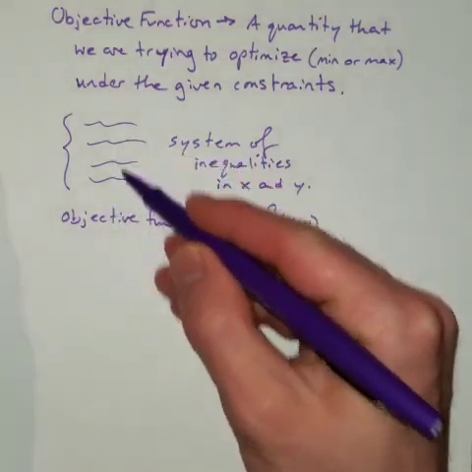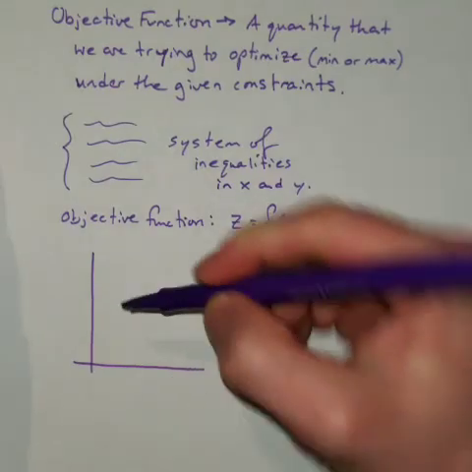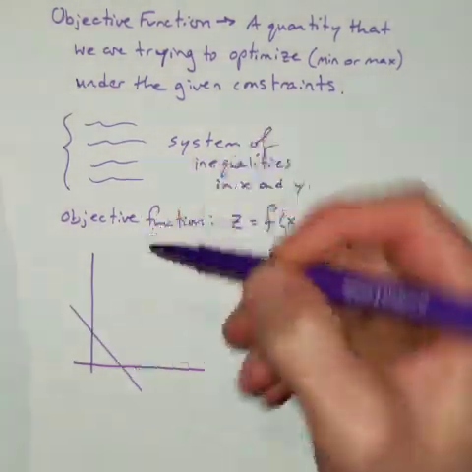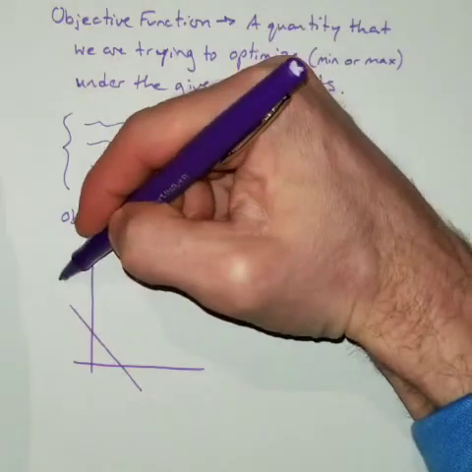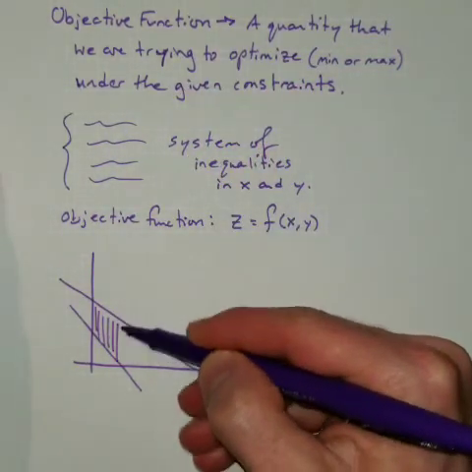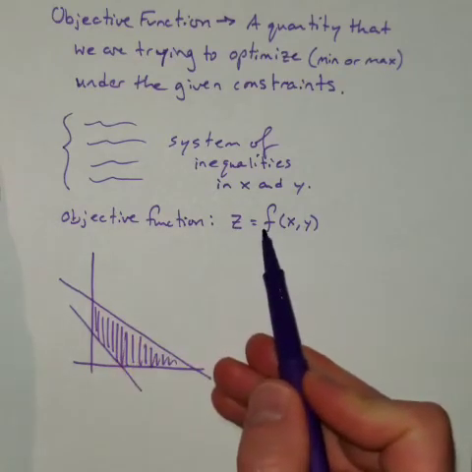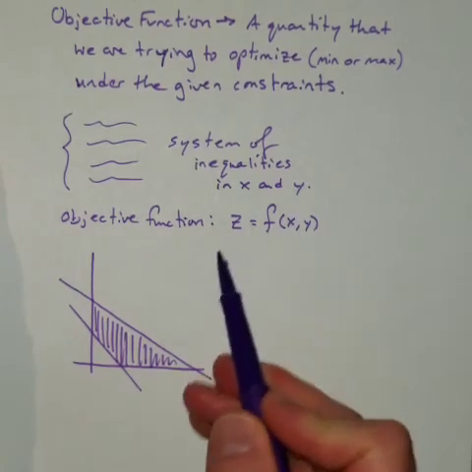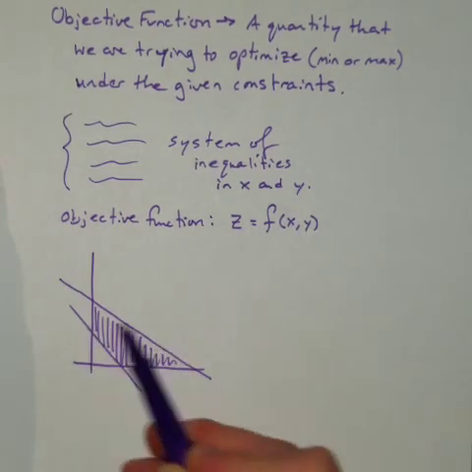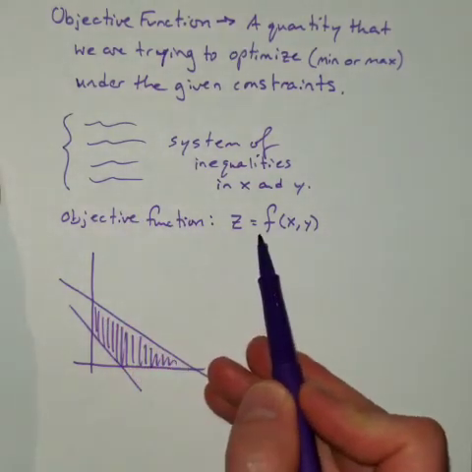So if you imagine these constraints giving you maybe some sort of weird region like this, kind of like we saw last time with the system of linear inequalities, then the objective function is a separate function from this. The region is defined by the inequalities. The objective function is separate.